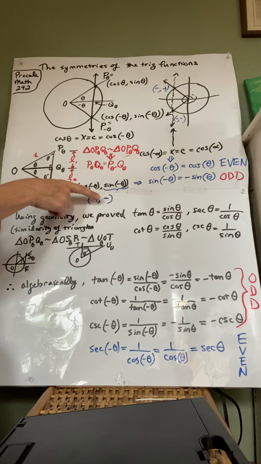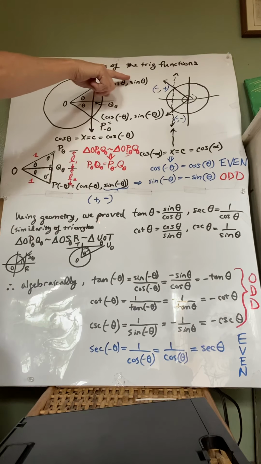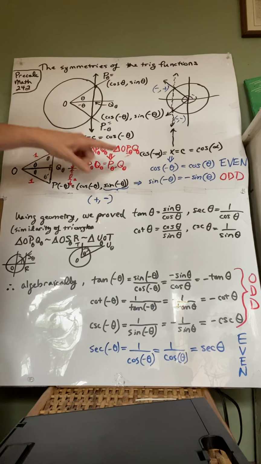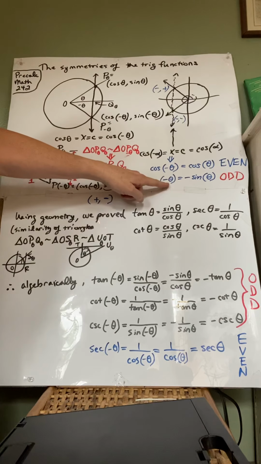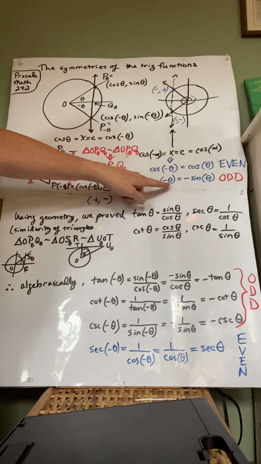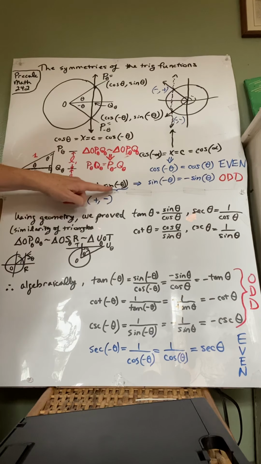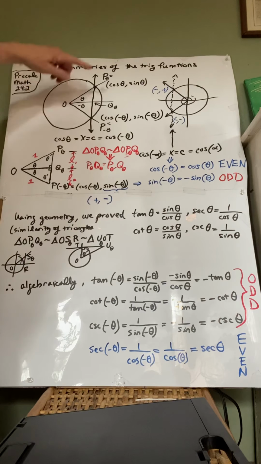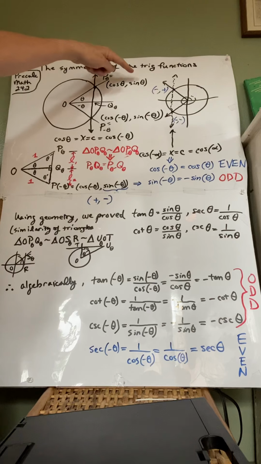It's negative when this one, the y coordinate, is positive, sine of theta. Okay. So in the first quadrant, it's true that the sine of the opposite of theta, because it's a y coordinate in the fourth quadrant, has to be negative. Well, that's the opposite of the value of the sine of theta in the first quadrant.